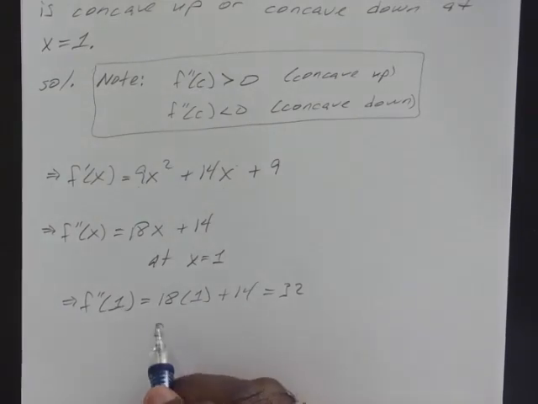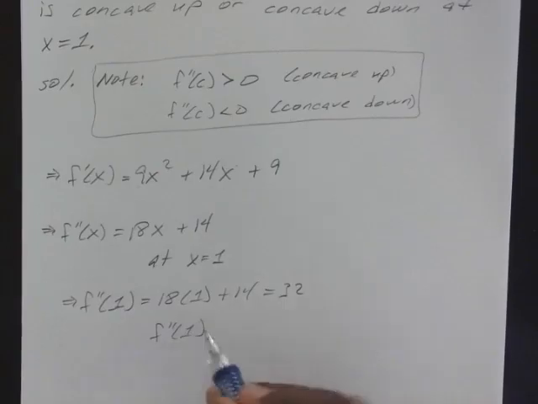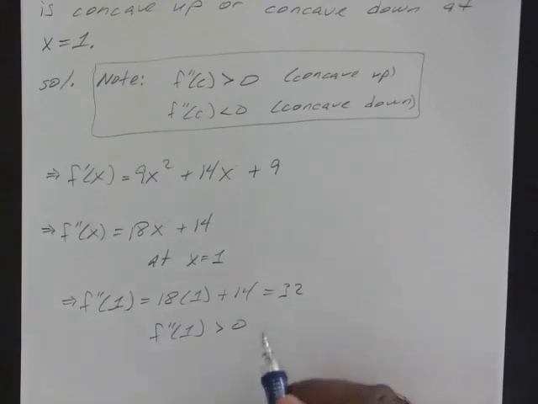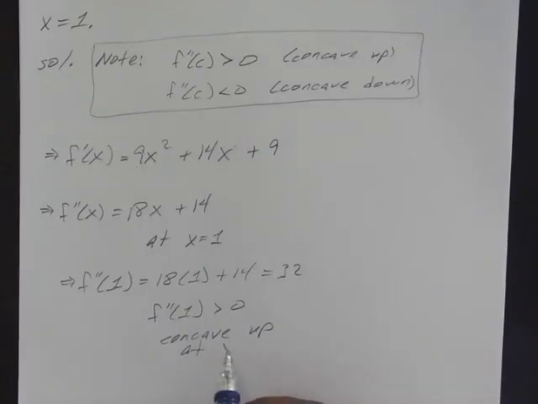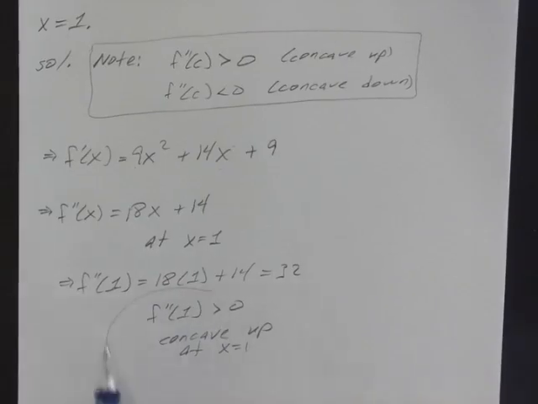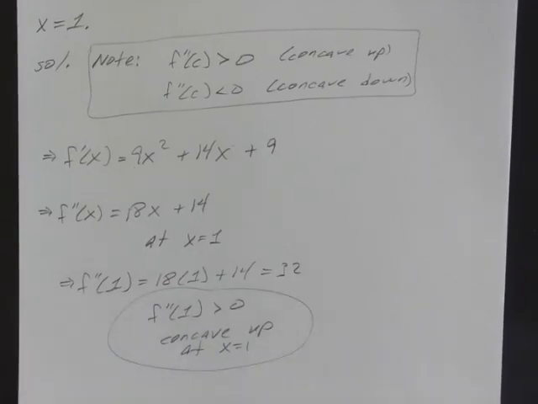So we can see that the second derivative at 1 is positive, so we know it's concave up at x is equal to 1. Any questions on that one? All right.